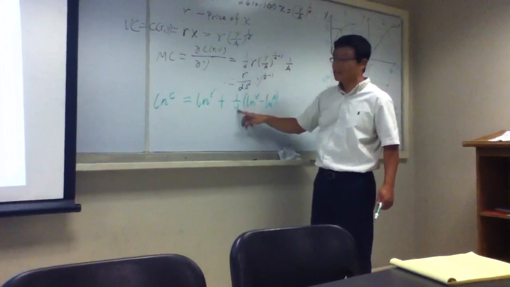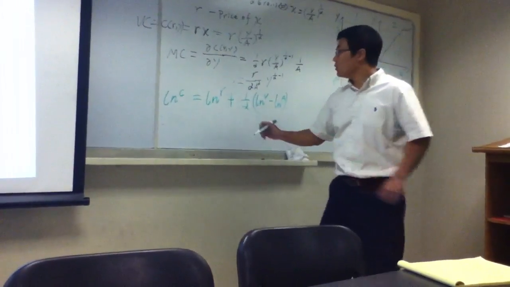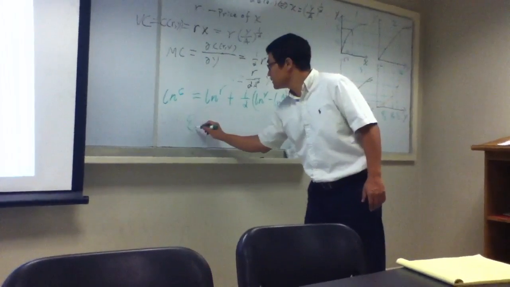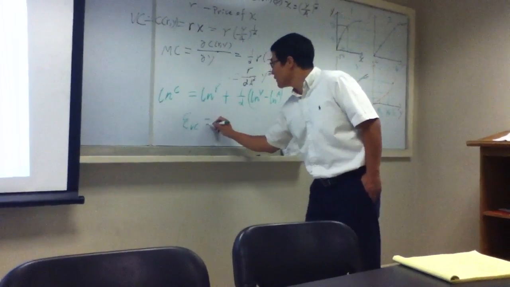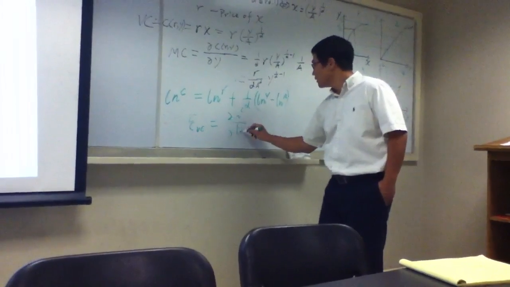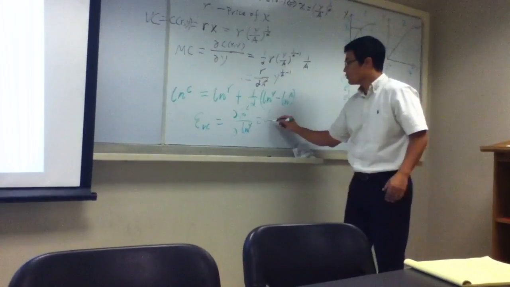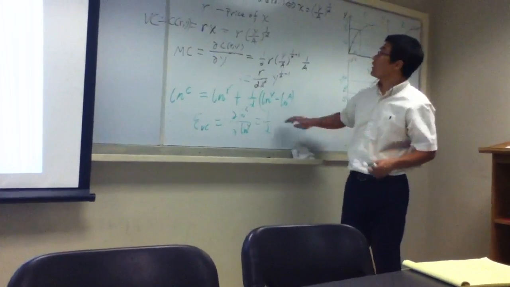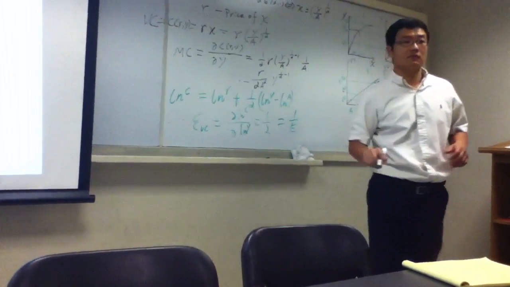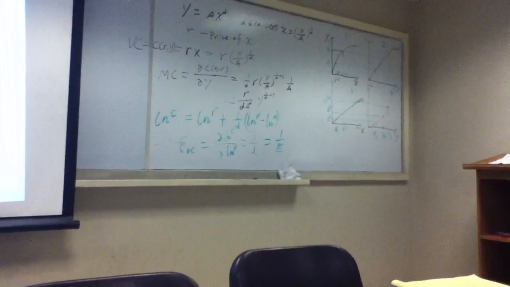I can pull the 1 over alpha out here to get this, correct? Okay, now what is the variable cost flexibility? It is the partial of log C with respect to log y. You take the derivative of this with respect to log y, which is the inverse of alpha. And alpha is the factor elasticity. Okay, this is just an example to show that statement is true.